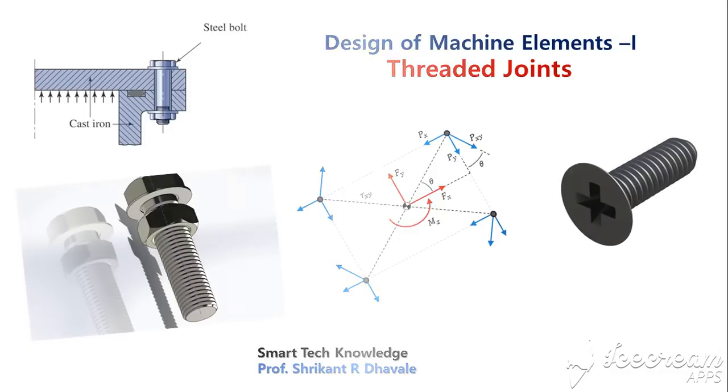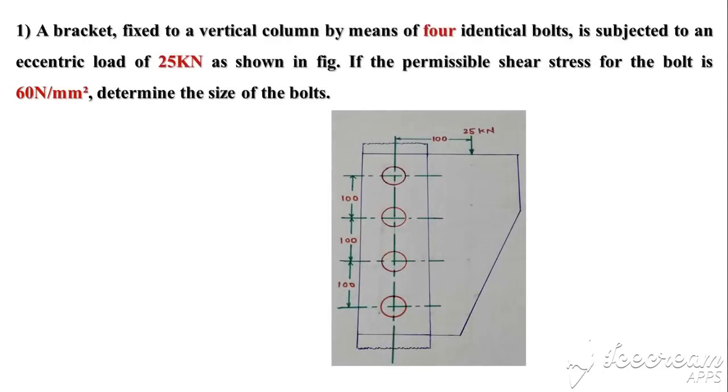Let's start with one numerical where the given parameters are: a bracket is fixed to the vertical column by means of 4 identical bolts. So here you can see this is a bracket which is fixed to this vertical column. We have 4 bolts which are identical in size, so 1, 2, 3, 4.